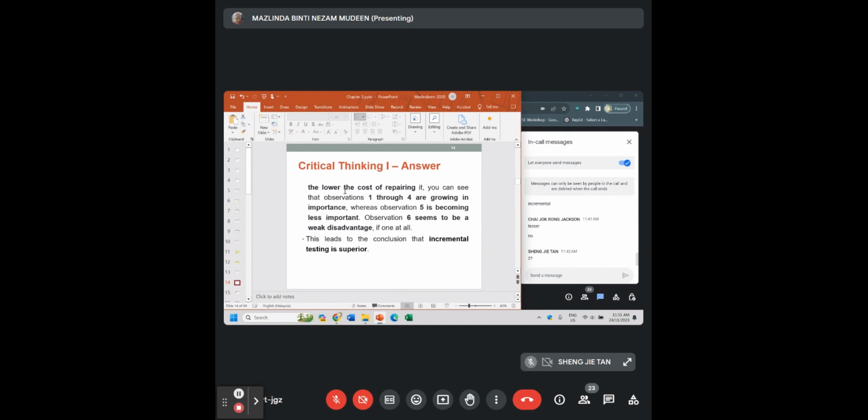If we have a choice between these approaches, incremental is the better approach to use. But if we have no choice and must conduct non-incremental, then we can use it.